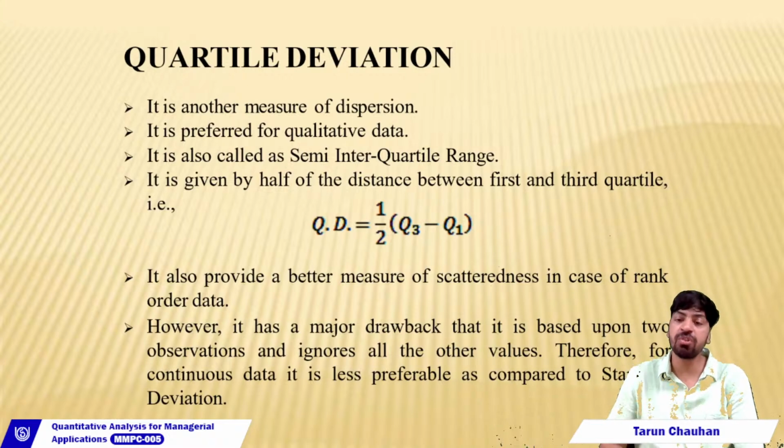So when we compare quartile deviation and standard deviation, standard deviation is a better measurement, because it always shows the variability of the data set, whereas quartile deviation is based on just the highest and the lowest quartile values.